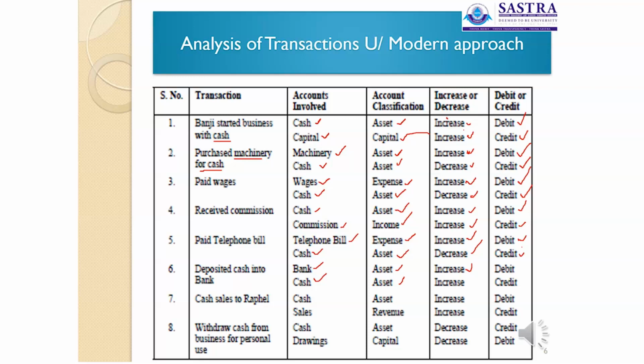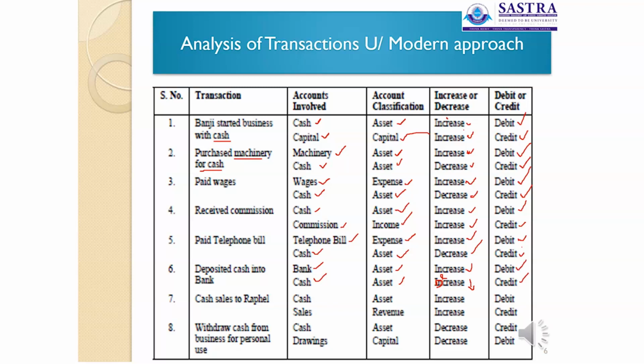Bank is related to asset, so asset value increases. Cash goes out of the business, so the cash value decreases. So bank balance increases, but cash value decreases. Decrease in value should be credited. So if asset decreases in value, that should be credited. If asset increases, it should be debited.